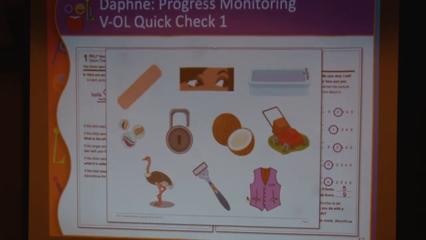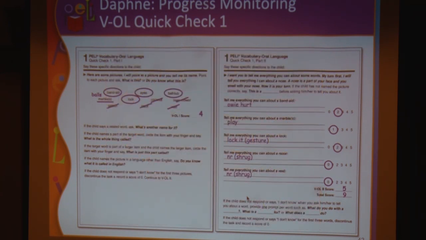This is vocabulary oral language quick check number 1. You can see an array of pictures, same mix of hard, easy, medium words as on the subtest of the PELI itself, so it's interchangeable with the PELI. And those were the words, and this is how Daphne did. The words that are circled are the words that she named.